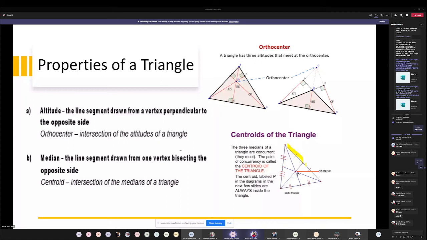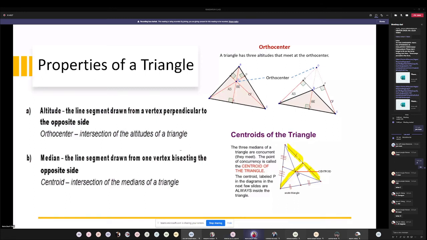The line segment that divides this side into two parts is drawn from the opposite vertex. It's similar to an altitude in the sense that it is drawn from the opposite vertex, but it will not matter whether it is perpendicular. There are times that it would be perpendicular, but generally it should be bisecting the opposite side. So the two parts should be equal.